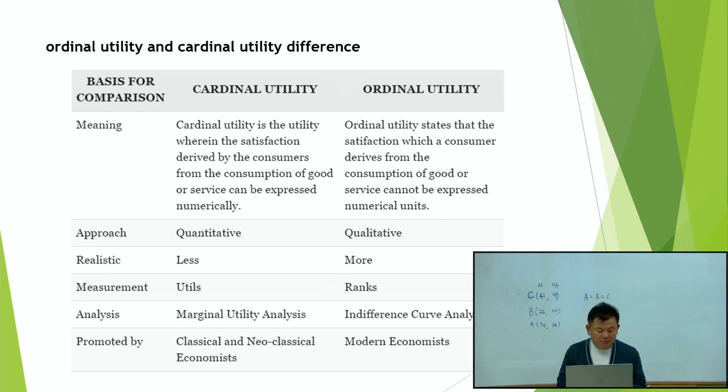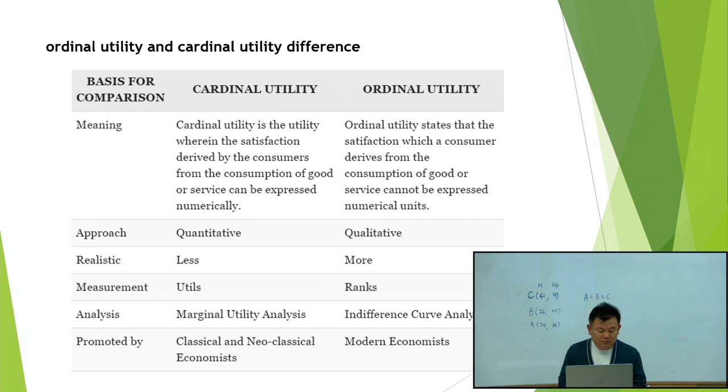Also, based on a comparison of analysis, cardinal utility uses marginal utility analysis, but ordinal utility uses indifference curve analysis. Let me show you this. I showed the indifference curve analysis. Marginal utility analysis means we consume more volume, and then there is a little bit of increase in the portion of the marginal utility.